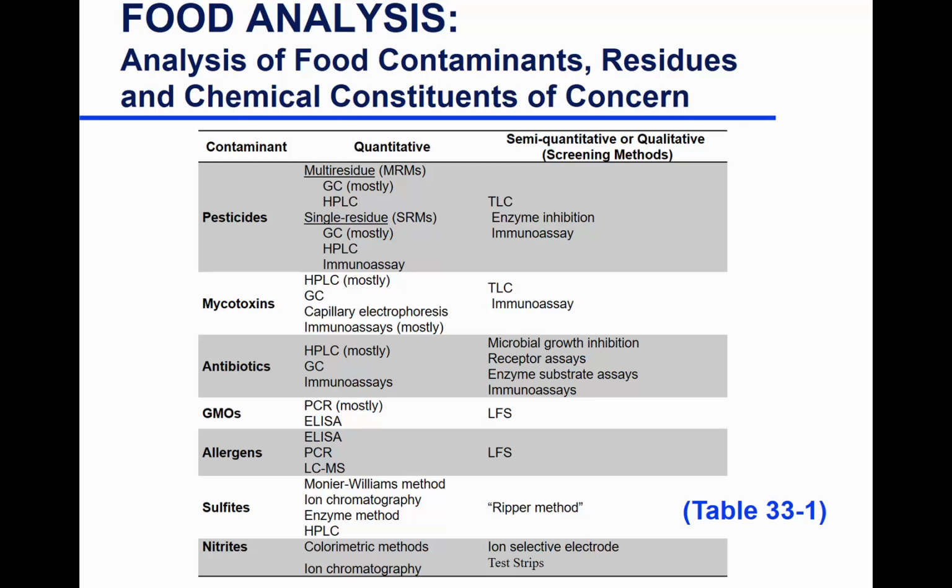What do we mean by multi-residue methods and single residue methods? That means methods being developed to quantitate a number of pesticides in one analysis. Whereas single residue method is a method that has been optimized for a particular pesticide, for one pesticide.